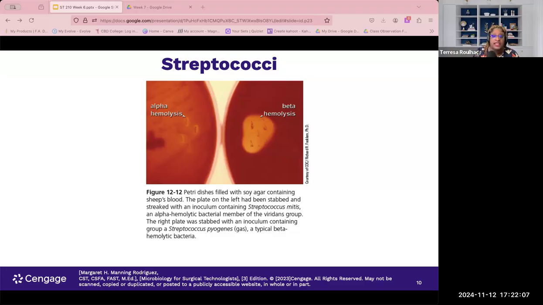We have hemolysis. So we go back to alpha, beta. We'll start with alpha. Okay, alpha hemolysis, where you have partial destruction of red blood cells, resulting in a greenish coloration on a blood agar. So now we have it in the lab and we're trying to figure out what's going on.